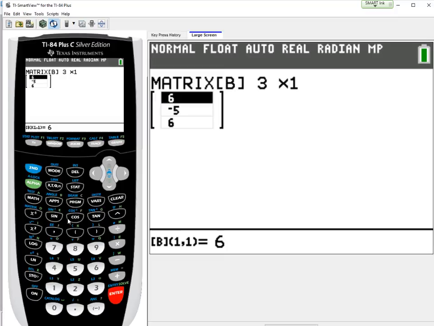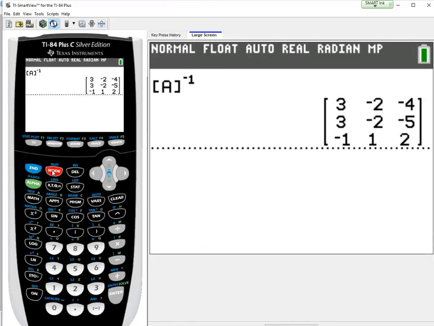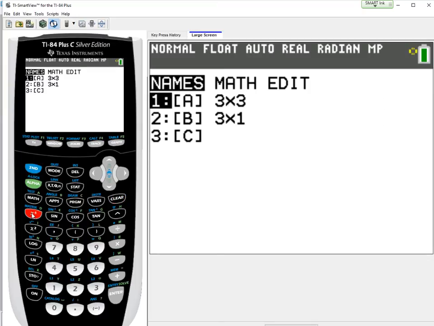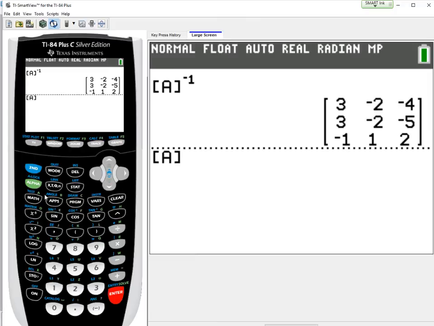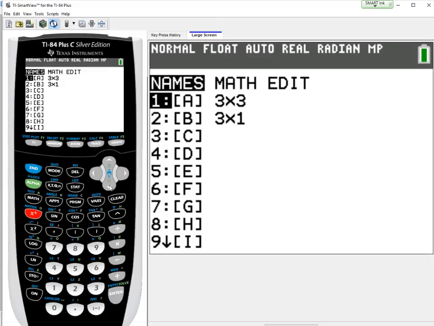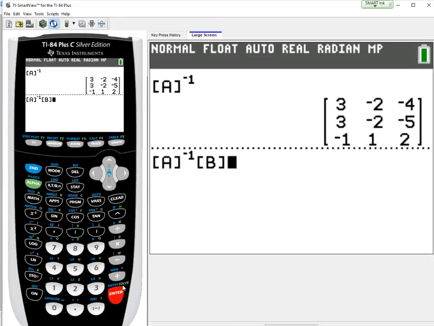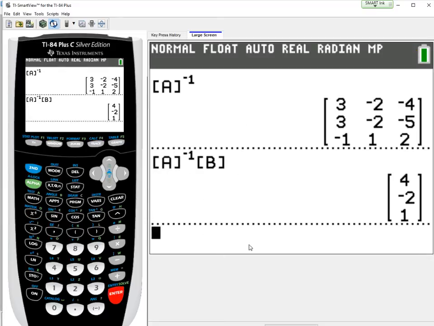Oh, so no, I don't multiply them. I'm going to multiply the inverse matrix by the answer matrix. So I'm going to go second matrix, A to the -1, and multiply it by the answer matrix, which is B. So I multiply those two.